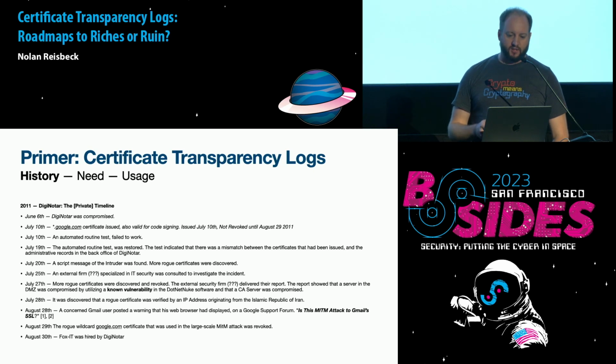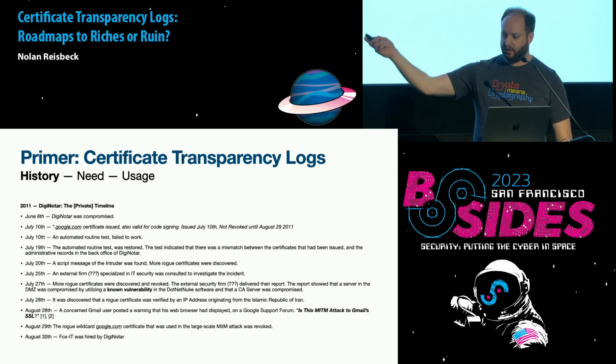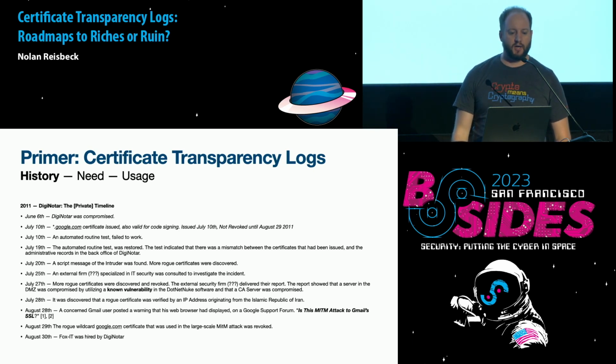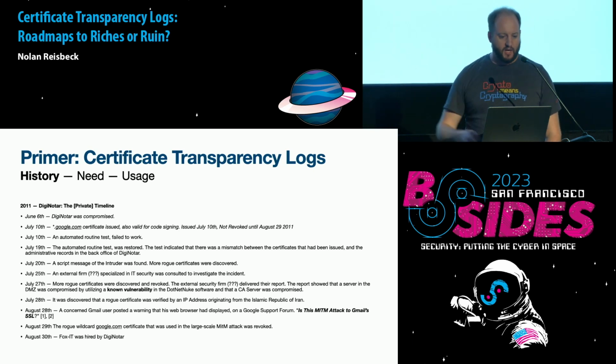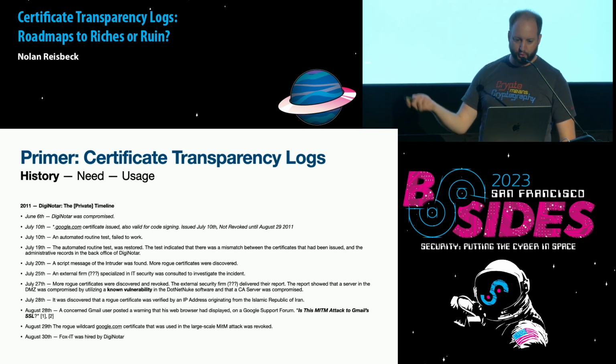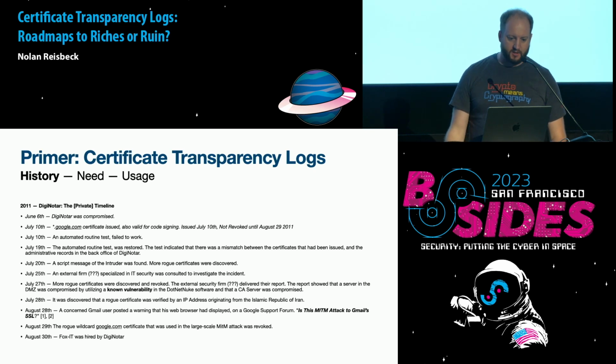That report basically just showed that some server sitting out there in their infrastructure in one of the DMZs had been compromised by an unknown entity using a known vulnerability in the DotNetNuke software that server ran. So yet again, another known vulnerability that hadn't been patched on a server sitting out there wide open on the internet. That story should be very familiar at this point.